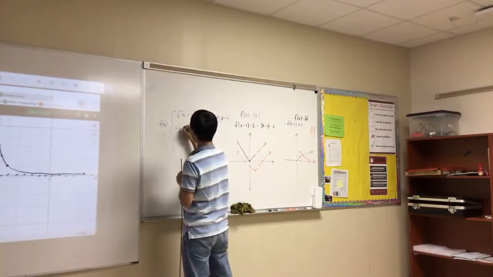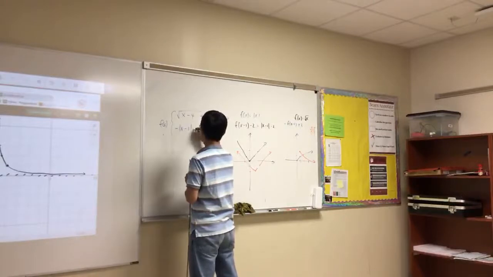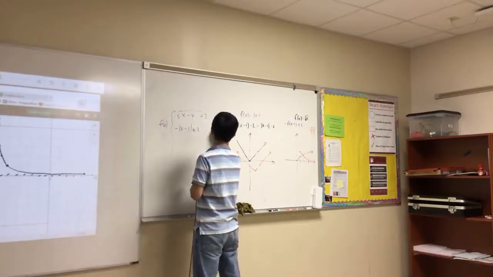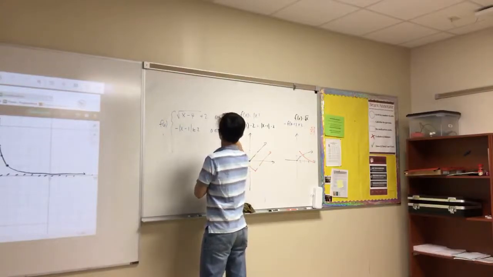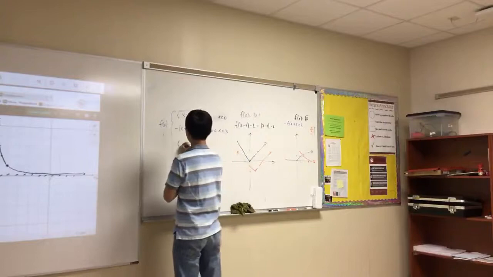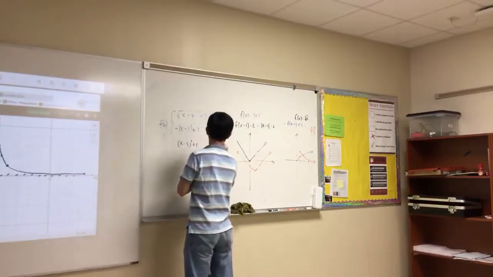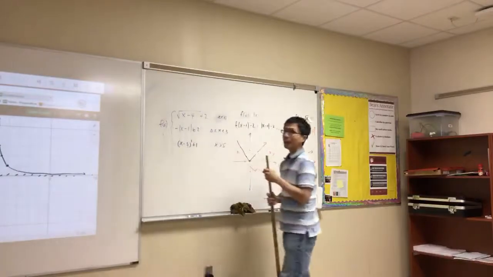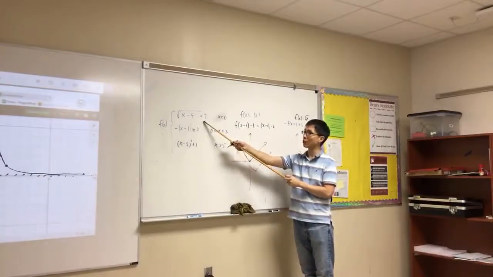And the next function is negative absolute value of x minus 1, plus 2, minus 2, when x is between 0 and so on. We're going to do that in class starting next week, but you're going to have a piecewise function like this with a transformation.